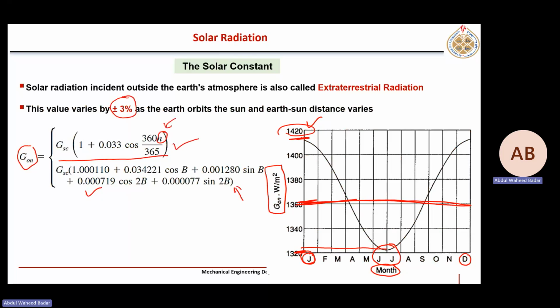Here you just put the value of n. This is the averaged value which we set, 1367. So if we put any nth day of the year, we can find out the solar radiation for any day of the year.